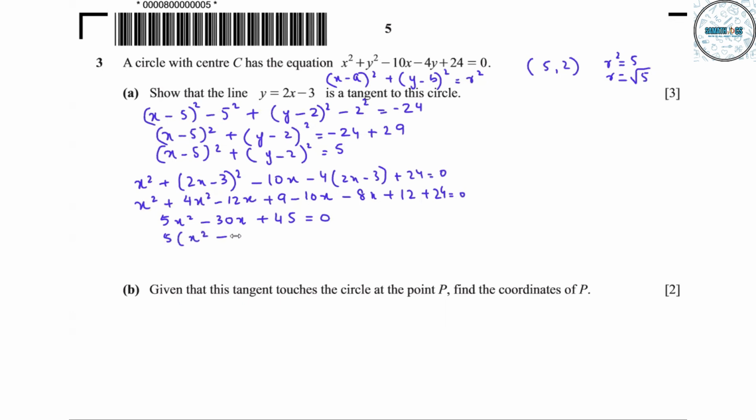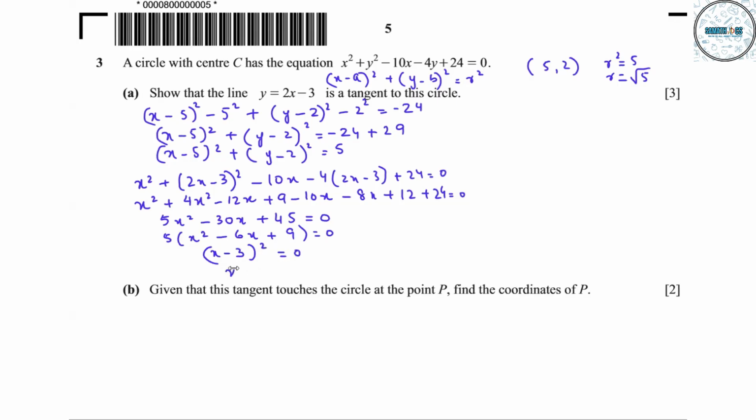x squared minus 6x plus 9 is equal to 0. We can write this as x minus 3 is equal to 0. You can use middle term breaking, or you can use identity that x squared minus 6x plus 9 is equal to x minus 3 whole square.